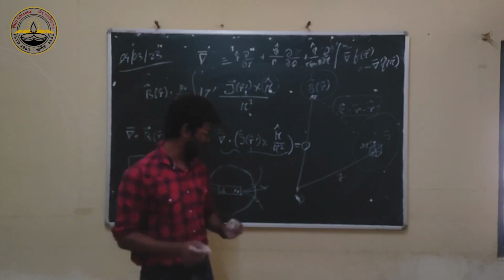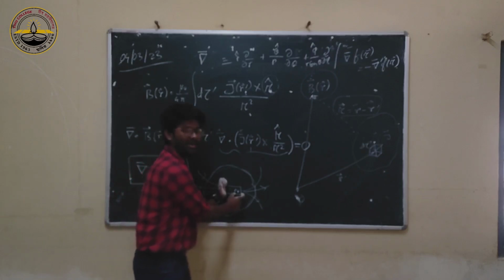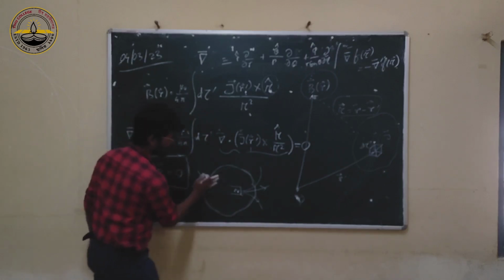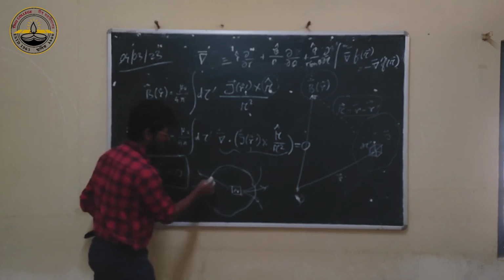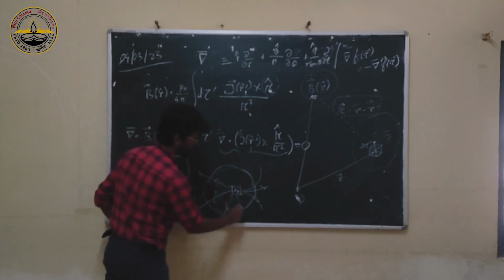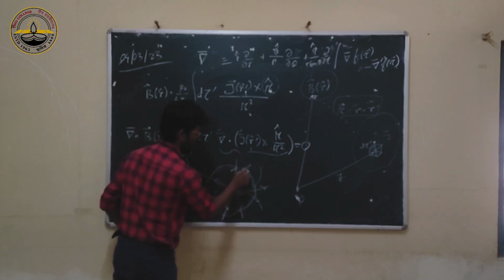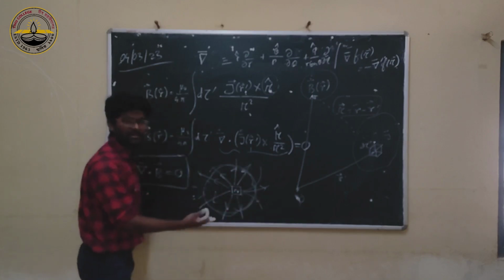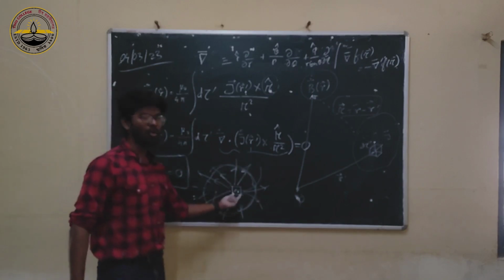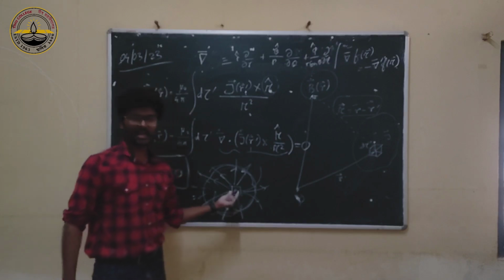Imagine you had only a north pole. A magnet that has only a north pole, what would happen? Magnetic field would come out in all directions from it, and then you would have some divergence. That's called a monopole, just like electric charge.